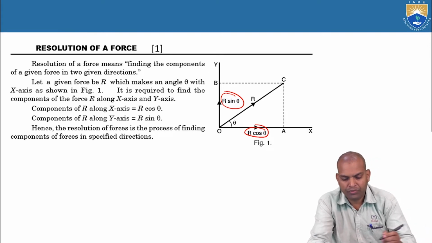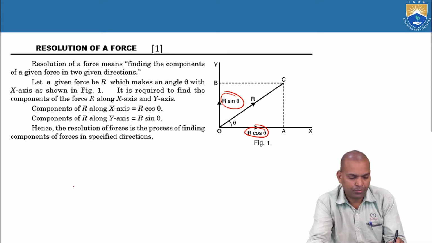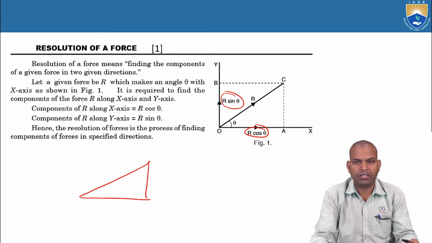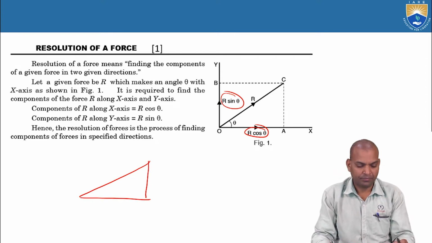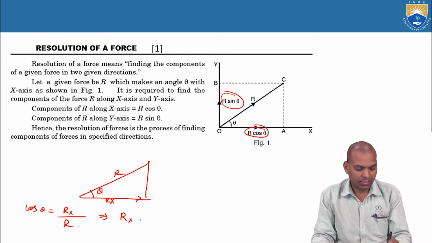Now here, how do we find this cos theta and this sin theta? Suppose we consider the right angle triangle. This is the R component, this is the x-axis, Rx. Now theta, cos theta equal to adjacent side by diagonal side, Rx by R. From this, Rx equal to R cos theta.